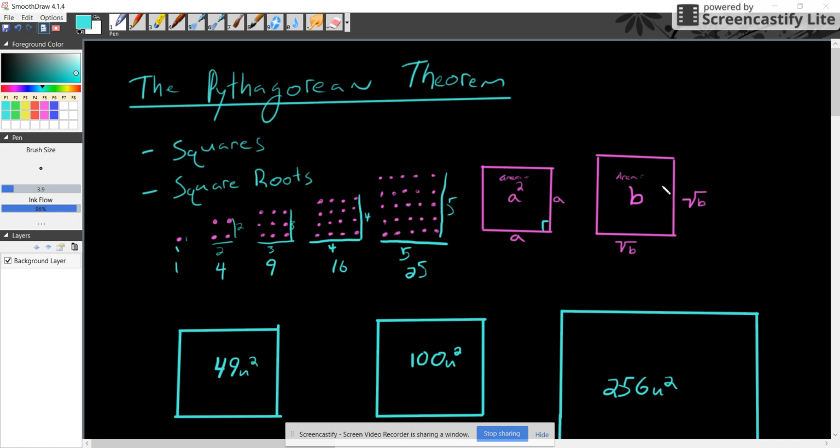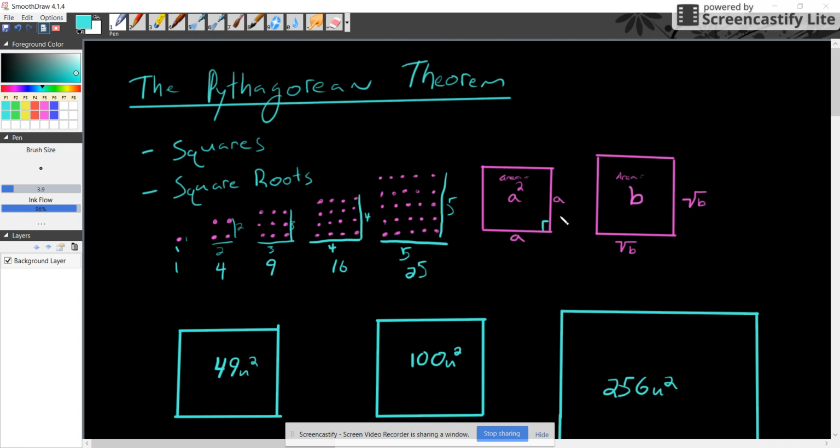I can go the other way. I could start with an area, and then ask, if I have an area, what is the length of one side of this square? We could say that is the square root. We could also say 5 is the square root of 25. 4 is the square root of 16.